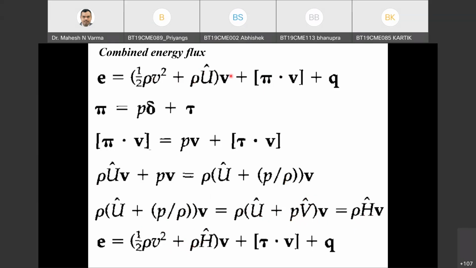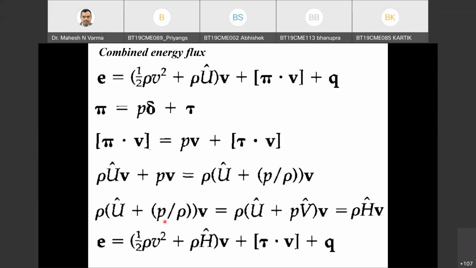So this u plus pv is h, and I can write the same equation with enthalpy. I'm going to use this equation. Whenever I have a simple flow system with no change in the composition of my material, I will be using the combined energy flux. But if I have a change in composition and more energy interaction with the pressure also, where pressure and energy content are related, then I will be using enthalpy. Not only composition change, you need to decide how pressure is affecting the energy content. If pressure is playing some role, then instead of internal energy I will be using enthalpy.